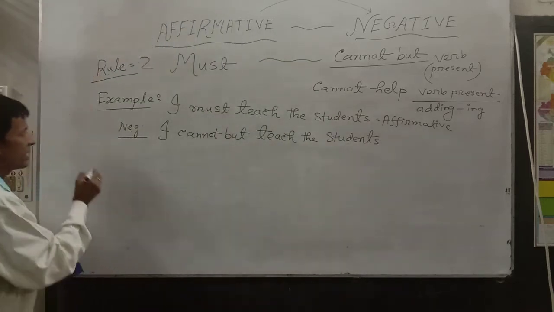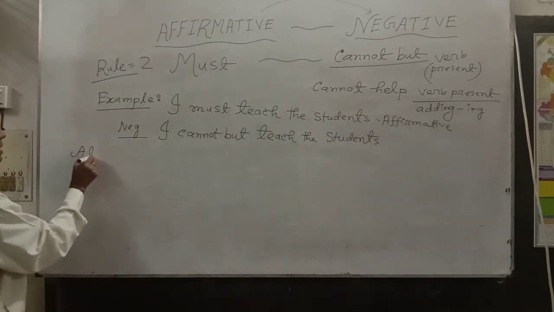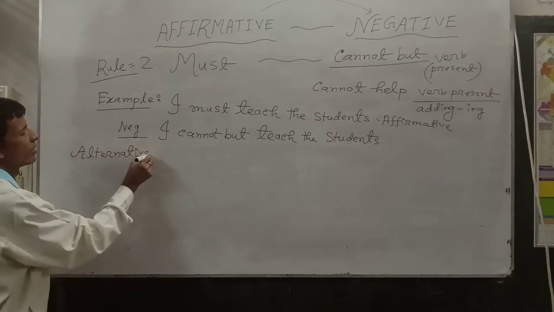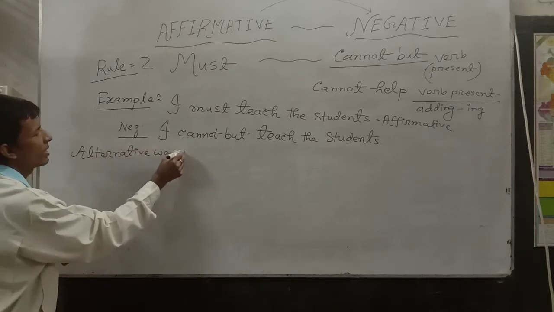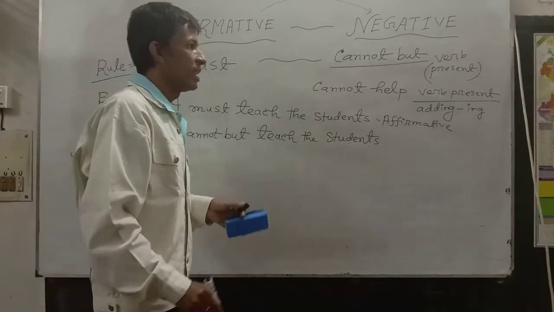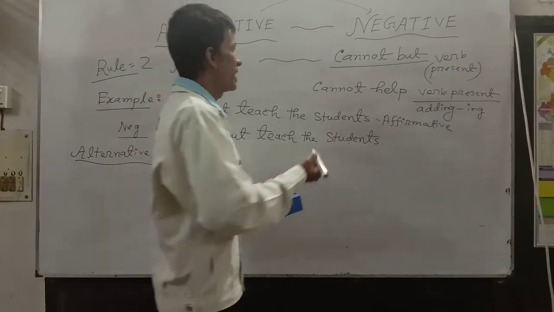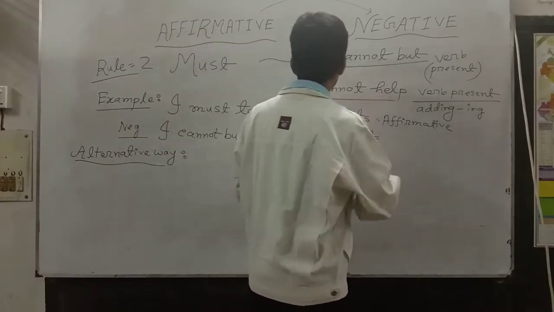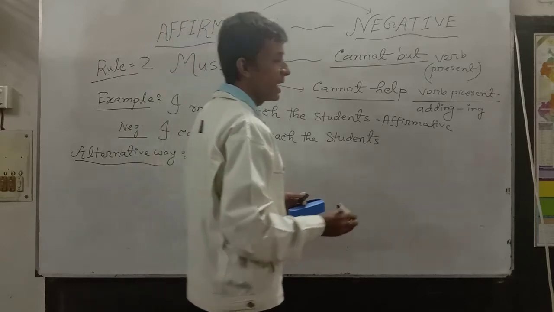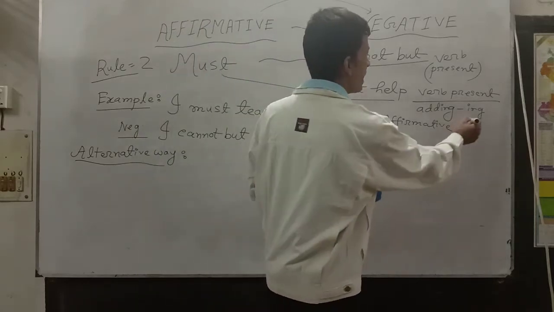In the alternative way, you can also transfer this affirmative sentence into a negative one. It is obvious to you that if you use cannot help in the sphere of must, you will have to add an extra ing form.